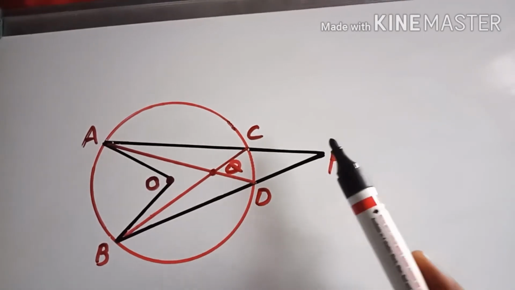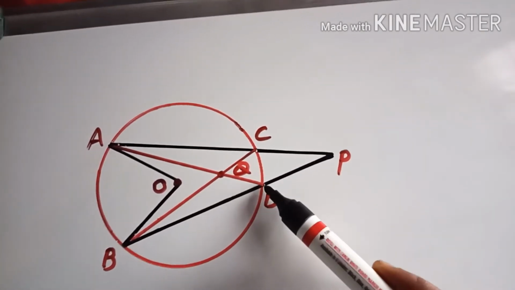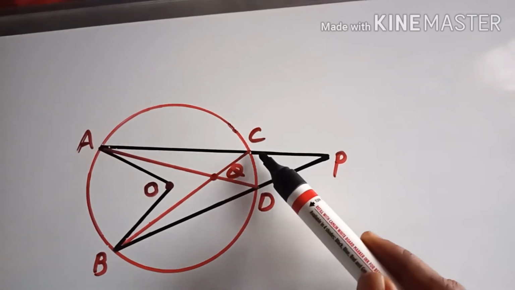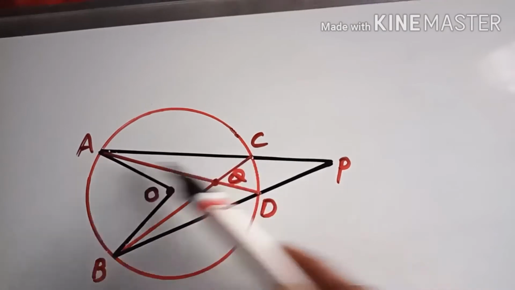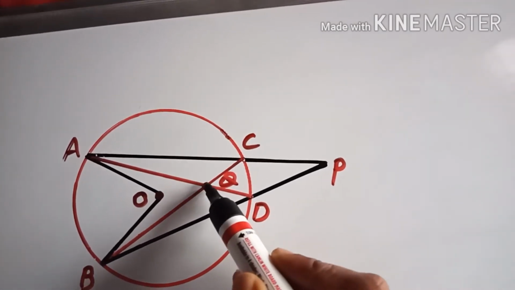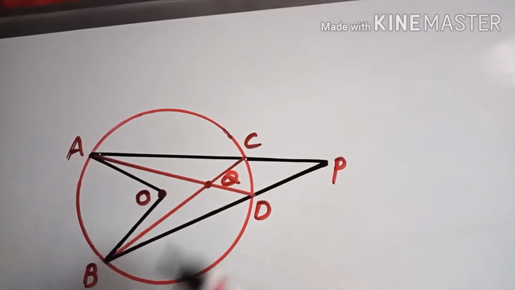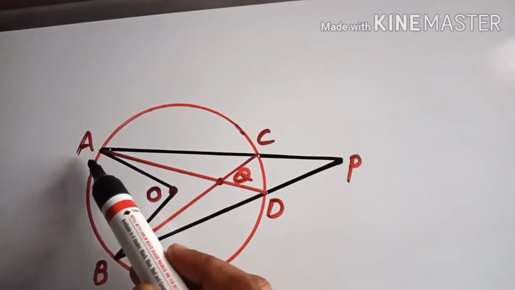Now next, the lines AD and BC. That means opposite points are joined, B to C and A to D. These two lines meet at the point Q. This is the intersecting point. Now our question is about the small arc AB.